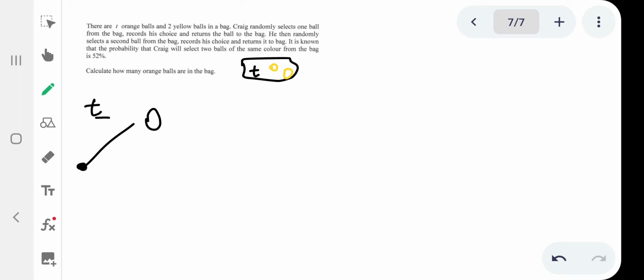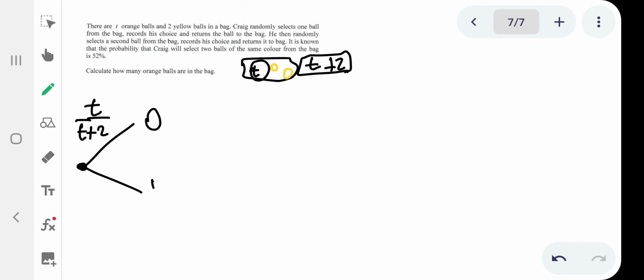It's T over T plus 2 yellow balls, right? Because the total number of balls here is T orange plus 2 yellow balls. So this is the total number of balls inside the bag, right? So the probability of orange is T, the number of orange balls, divided by the total, which is T plus 2, right?